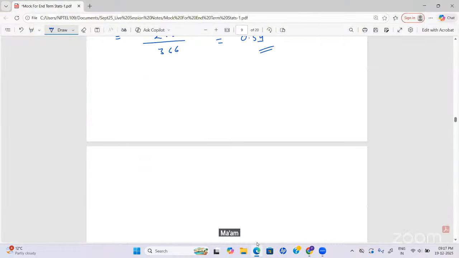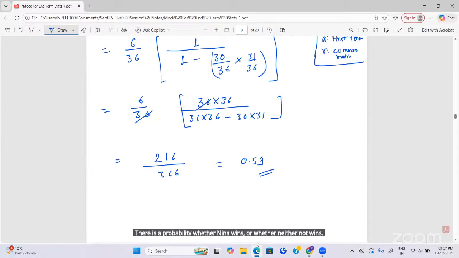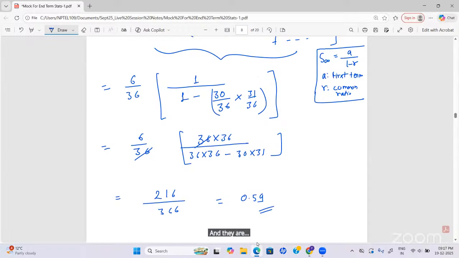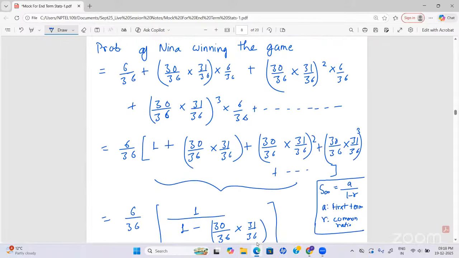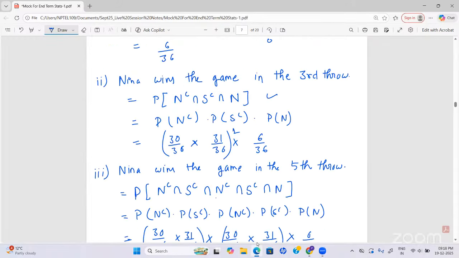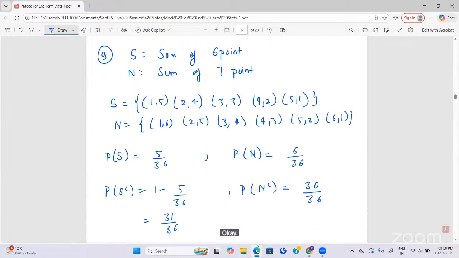Ma'am, I have a doubt regarding this question. There is a probability whether Nina wins or not, and the events are independent also. So why can't we use any distribution here? Which distribution do you want to take?